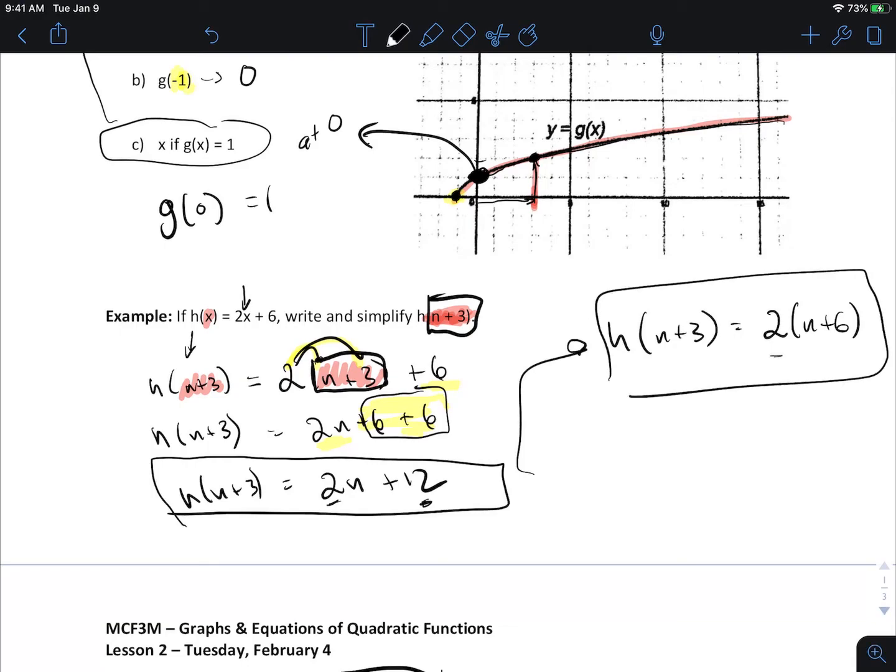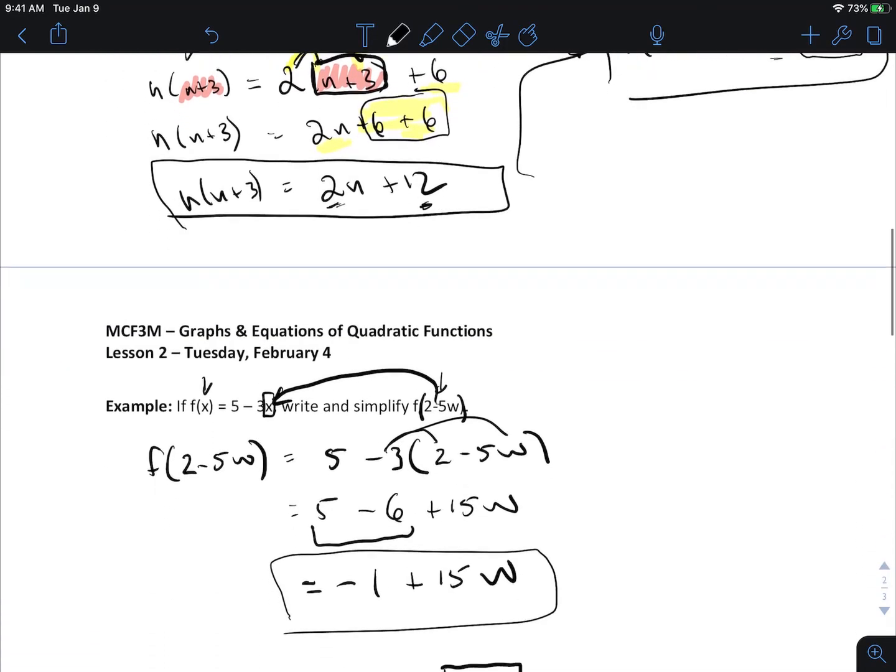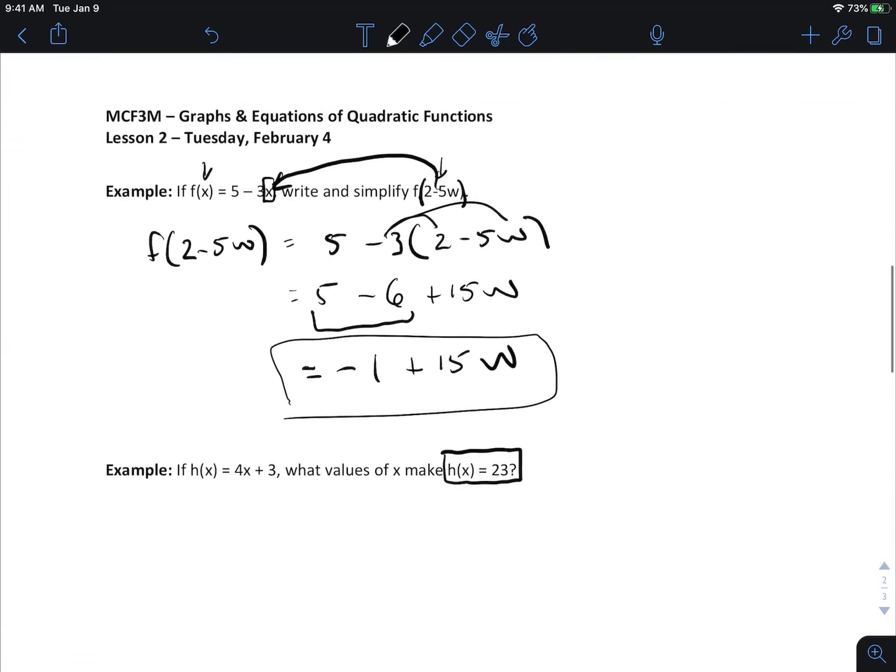So then the 2 comes out front, and then you write whatever's left after you take the 2 out. So you'll see 2n divided by 2 is just n, and 12 divided by 2 is 6. Okay, that's good. It did say simplify, so that's kind of my bad, right? Fully simplify, so factor it out. Can't do anything with this one though, I don't think. I think this one's good.